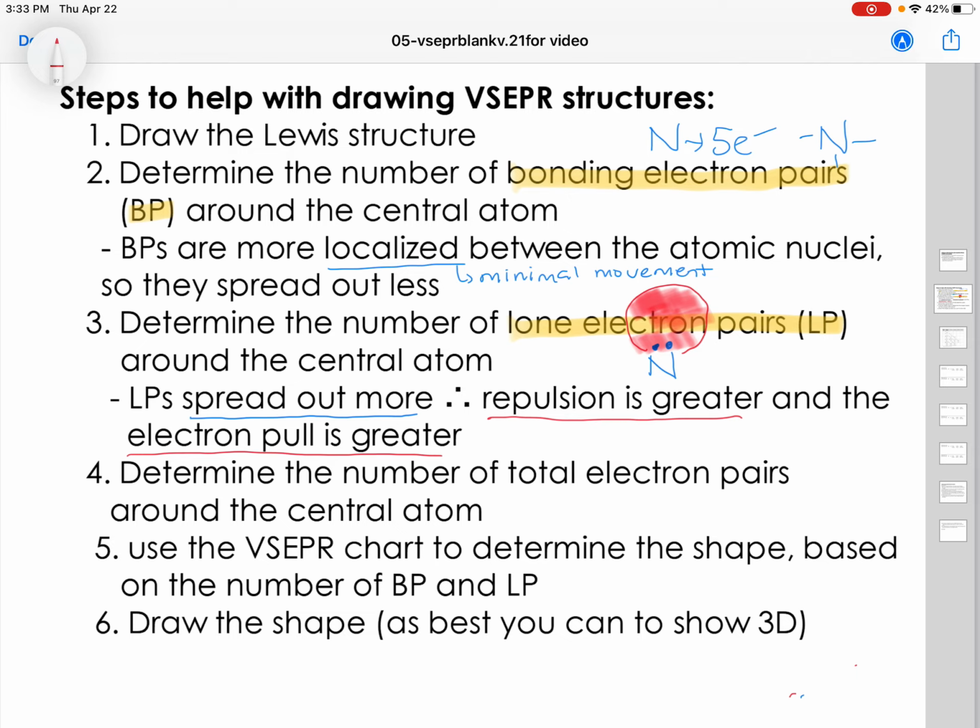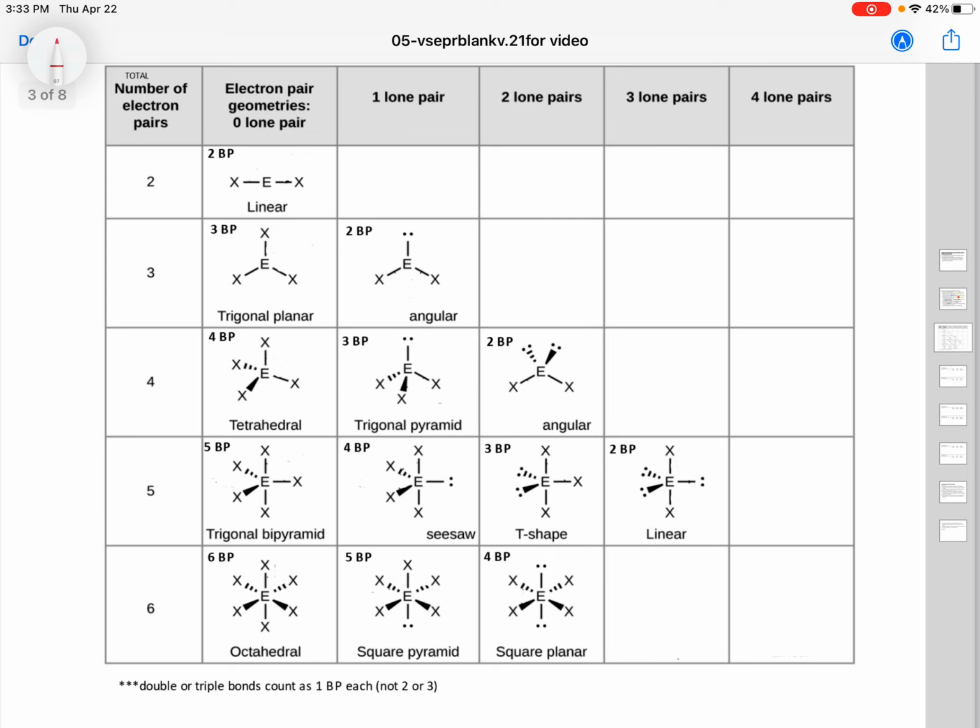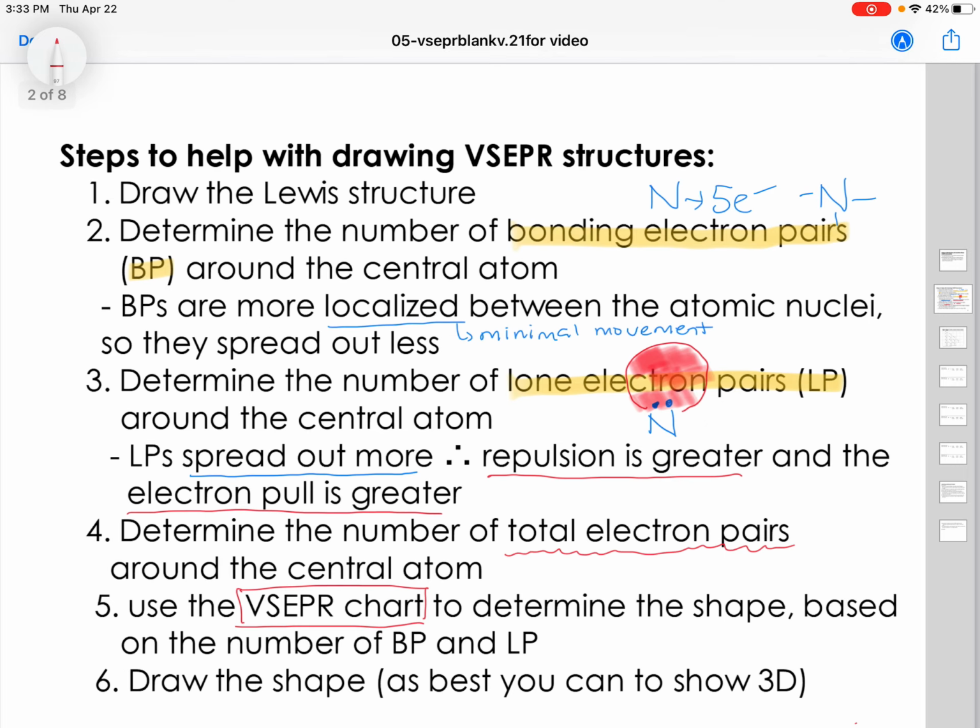And so we're going to count how many bonds are there, how many lone pairs are there. The total number of electron pairs can just help us check our answer, kind of. And then we need something called the VSEPR chart. So if you printed the note off, it's next. I also put it on D2L by itself.